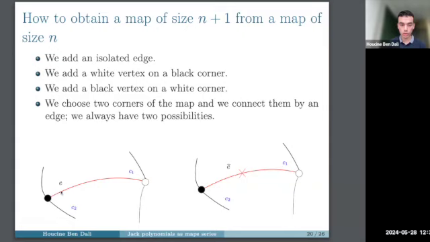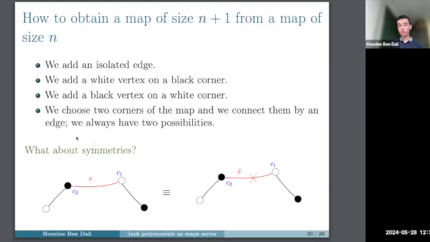So if I call E the first edge, the second edge E tilde will be obtained by twisting E. And we will say that the two edges are associated. So we can pass from one to the other by a twisting operation.